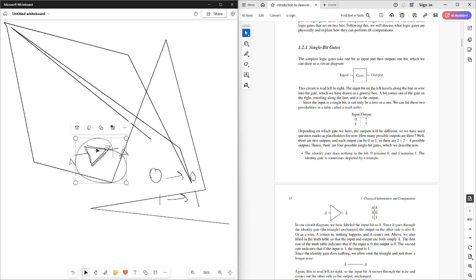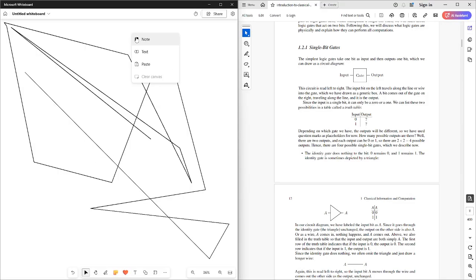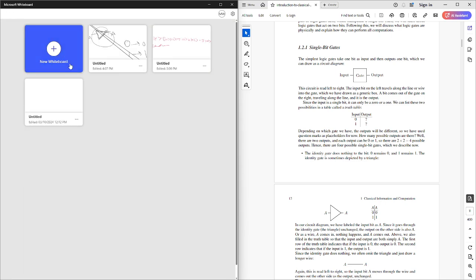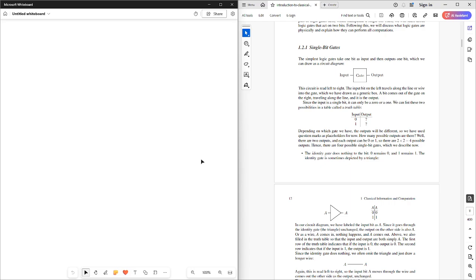Okay, it's letting me do stuff now. And why is this stuff still here? Okay, you know what? We're just going to call that Mark 1.